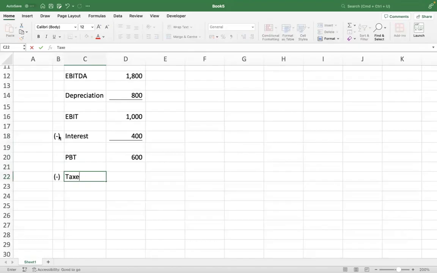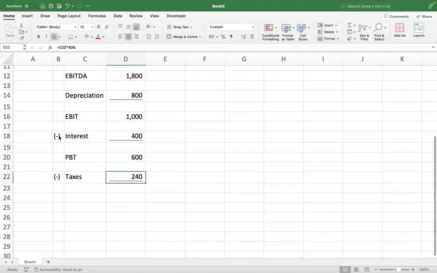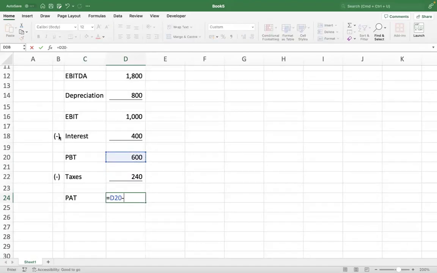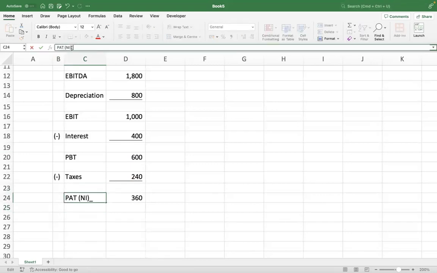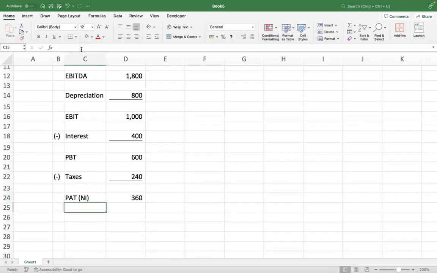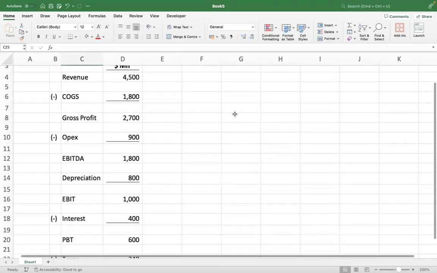Assume that the taxes are 40%. So you will arrive at your PAT or net income of $360 million. This is PAT. This is also called net income in this case because there is no preference dividend, assuming that there are no preference shares which have been used to finance the business.